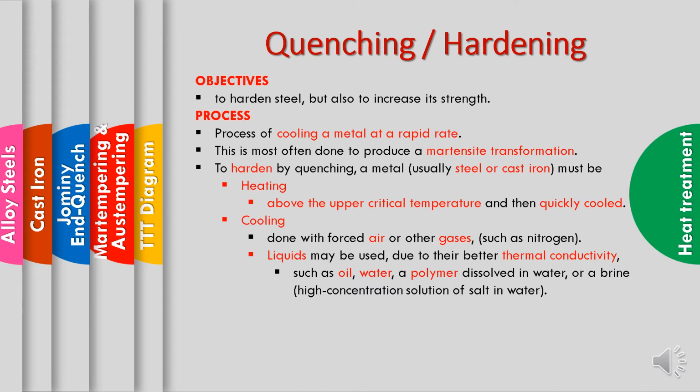The cooling can be done using forced air or other gases such as nitrogen to make the cooling rate very fast, or we can use a liquid by dipping, due to the better thermal conductivity, such as oil, water, polymer dissolved in water, or a brine, which is a high concentration solution of salt in water.